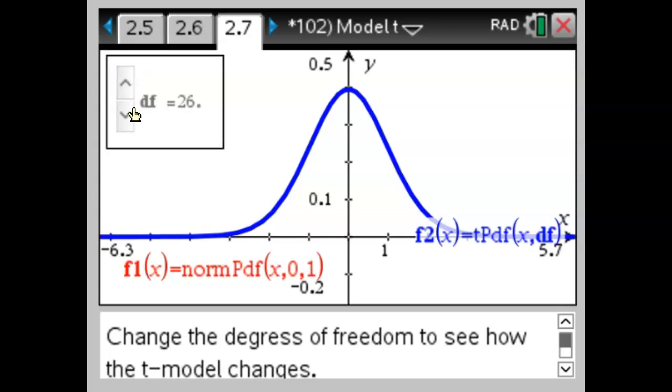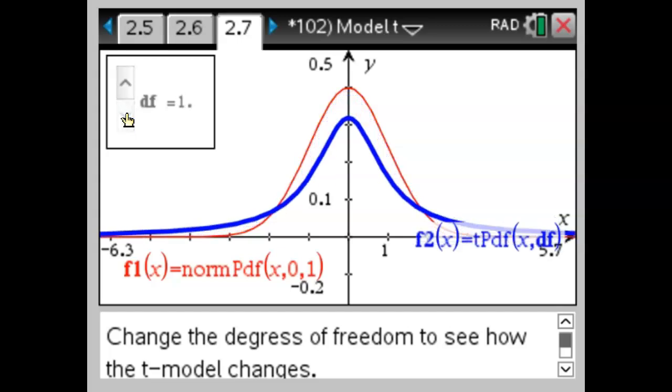The larger and larger it gets, the closer it is superimposed on top of a normal distribution, and the tails are getting smaller and smaller on the ends. They're getting closer to the x-axis here. That is because there's going to be less variability from one sample to the next. If I decrease the size of the sample, so degrees of freedom is 1, there's only 2 in my sample, there's more room under the tails here.